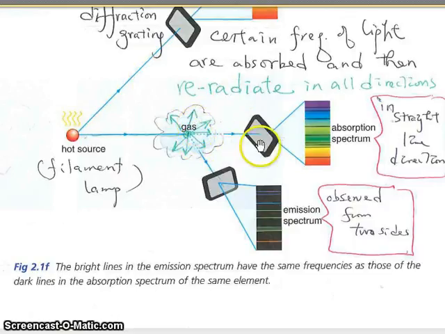So in the forward direction, there will be less light of this frequency, and that's why there are darker or dimmer lines produced on the spectrum. On the other hand, if you observe the light from the two sides, then you may have an emission spectrum. So the bright lines in the emission spectrum have the same frequencies as those of the dark lines in the absorption spectrum of the same element.